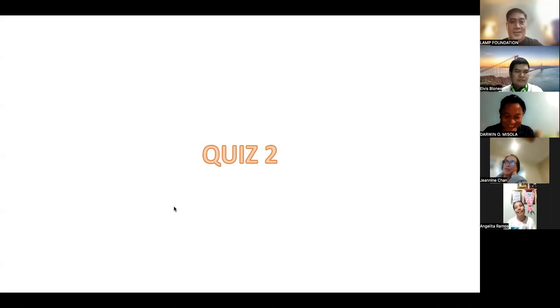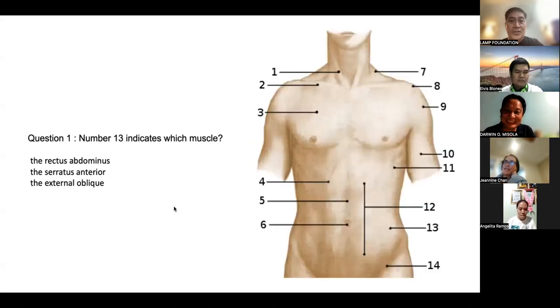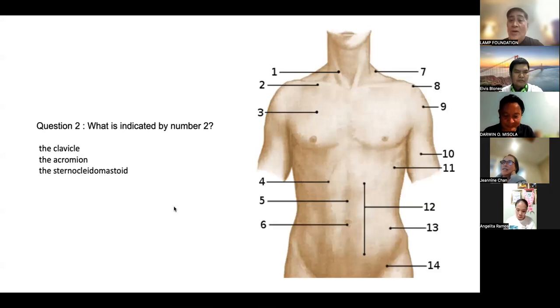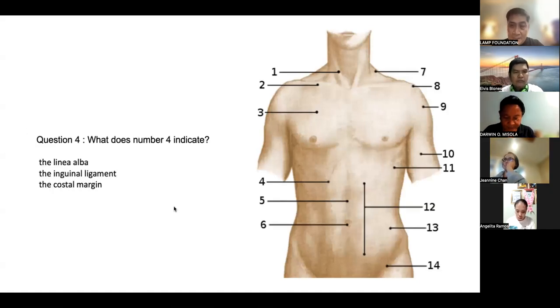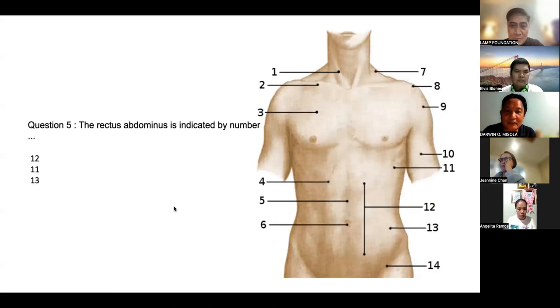Okay. Let's go. Number 13 indicates which muscle? External oblique. Great. What is indicated by number 2? Clavicle. Great. Which number is pointing to the inguinal ligament? 14. What does number 4 indicate? Costal margin. The rectus abdominis is indicated by what number? 12.